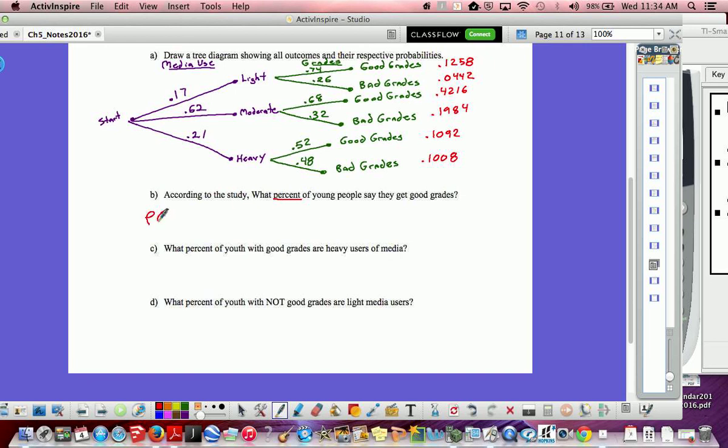So I'm looking at what's the probability that a person gets good grades. So, which probabilities up there should I be taking a look at? I'll switch to blue here.